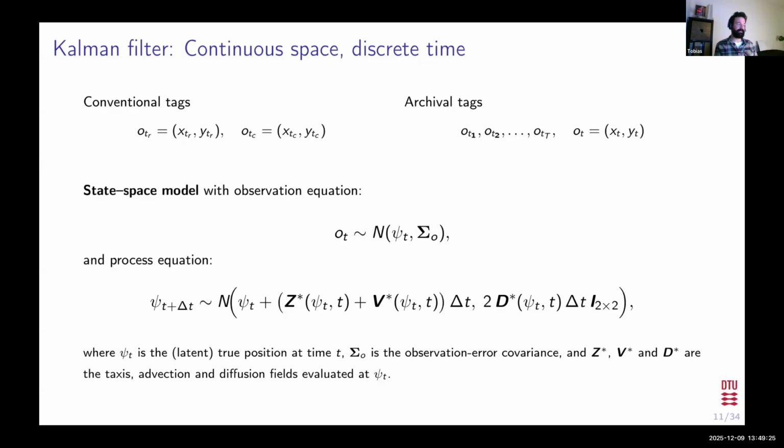Here assuming a multivariate normal distribution with some observation covariance, and we can also define a process equation where the position at the next time step is dependent on the current position, plus some taxis and advection, and the uncertainty of that process scales with diffusion. And this is, of course, an approximation, assuming linearity and normal distribution, but we thought, yeah, we give it a try. And so the question was, does it work?